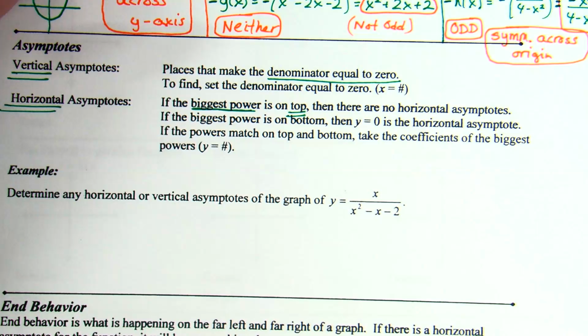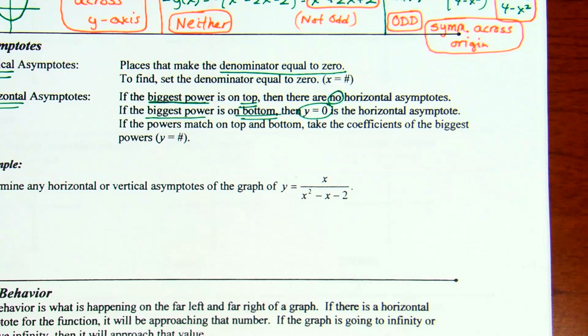If the biggest power is on bottom, then y equals 0 is always the horizontal asymptote. If the powers match, so your biggest power on top and your biggest power on bottom match, then we use the coefficients of the biggest powers.